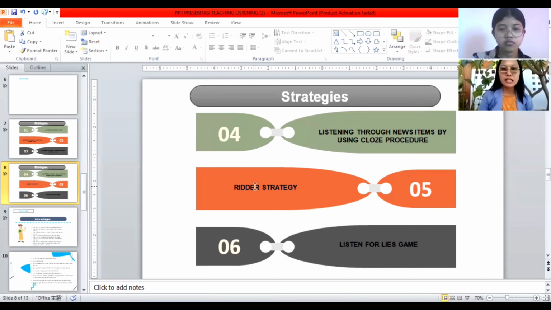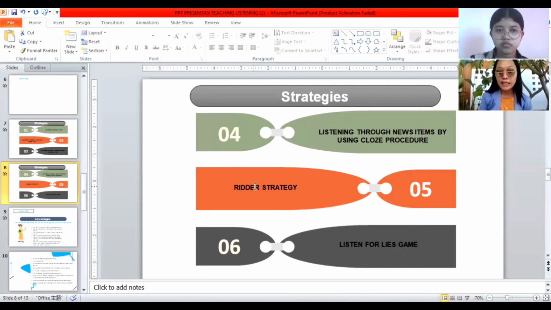Okay, the last strategy is the listen for lies game. This strategy is the best strategy for teaching listening skills using games. The procedures for implementing this strategy include, first, before the listening activity, the teacher prepares the lesson by introducing the topic.